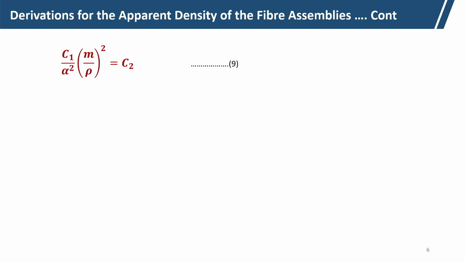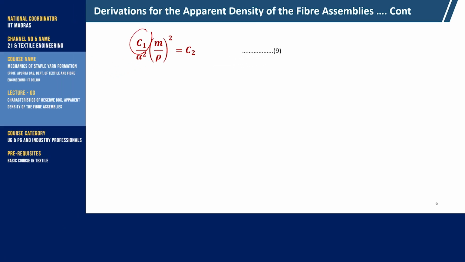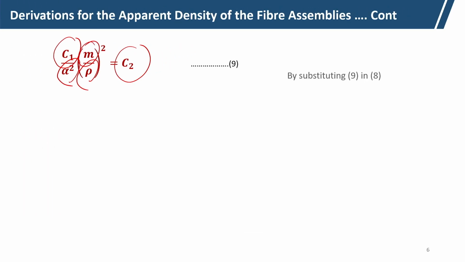Here C1 is a constant from Van Wyck's equation, alpha is a constant, m is constant, rho is constant. So we put all the constants into one new constant C2.